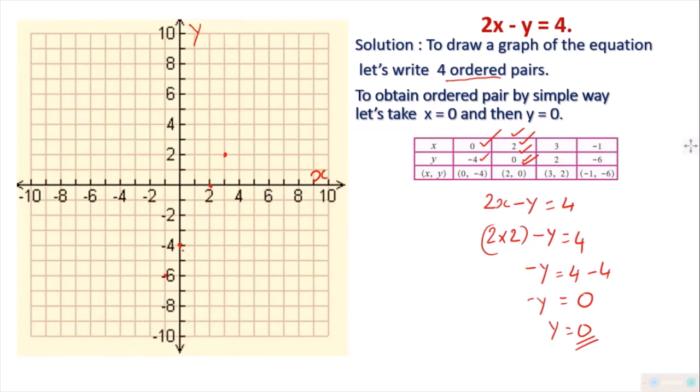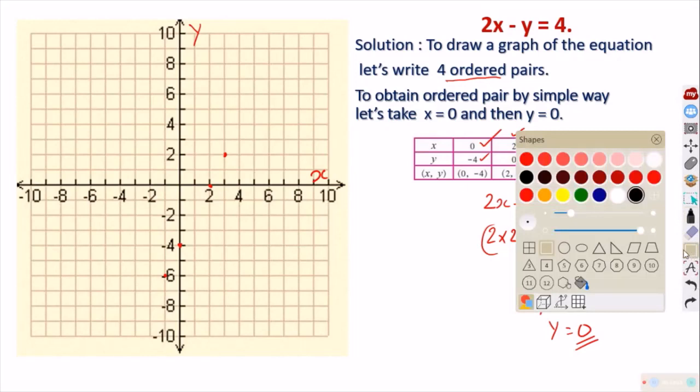Now the next task is to connect these. With the help of a ruler you will connect them. So let me take a ruler from here. I think I may get a ruler from here. नहीं मिले तो डायरेक्ट ड्राइंग करना पड़ेगा. I am getting a straight line from here.